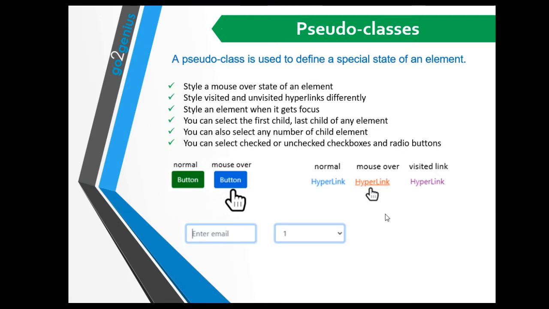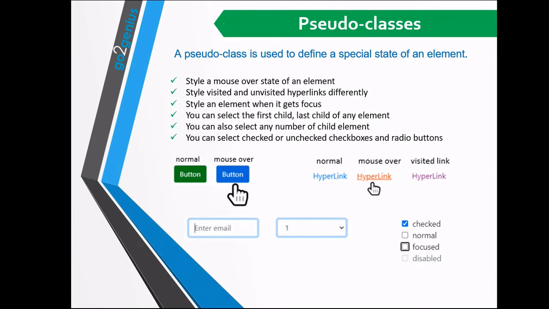Let's have a look at an example. Here we have an example for this. It's a checked state, a normal state, and a focus state for the checkbox, and the last one is the disabled state, when the user cannot click on this checkbox.